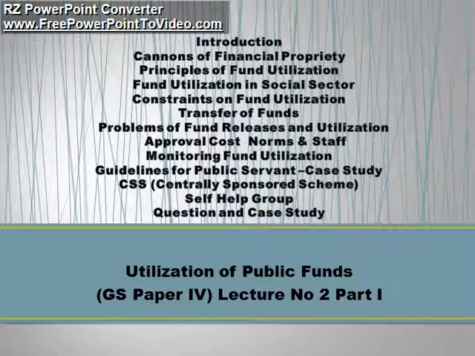We will provide strategic inputs in this lecture and show how some topics of this lecture can be mapped or linked to GS Paper 2 so that aspirants need not reinvent the wheel.